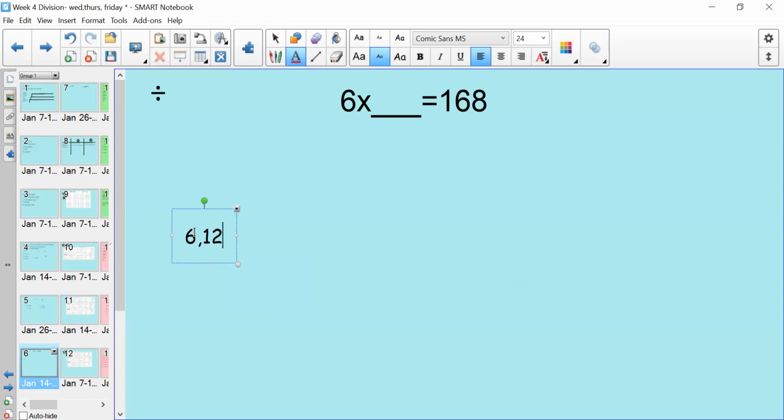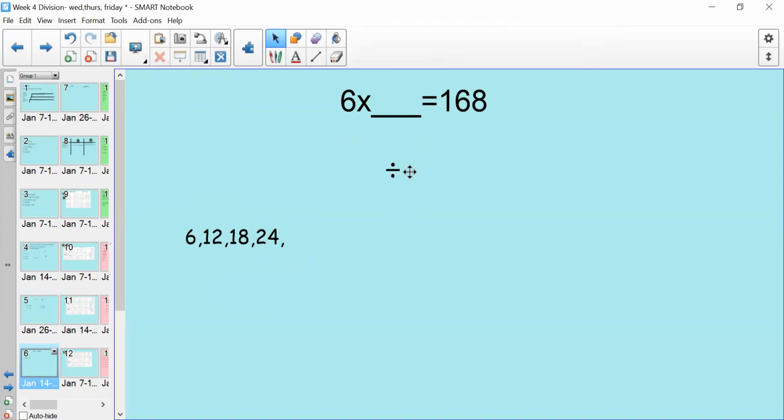So we can't just go 6, 12, 18, 24. Eventually, we would get to 168, but it would take us a really long time to get there. So we can use our inverse to help us. So we know that the inverse of multiplication is division. So if I had to write this exact sum as a division sum, think about how it would look.